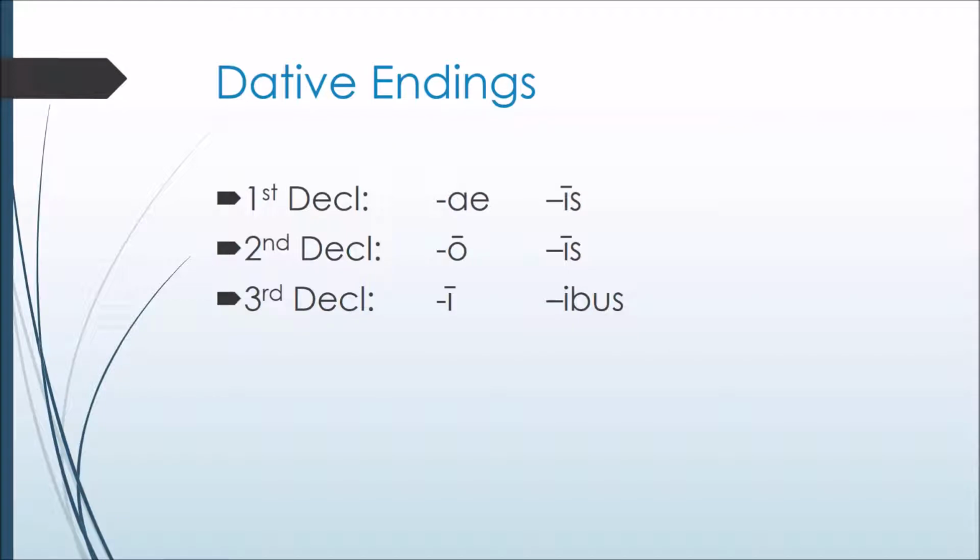So as just a reminder, our dative endings for first declension, those words that have an AE in the genitive singular, are AE and IS. In second declension, those words with an I in the genitive singular, our endings are O and IS.